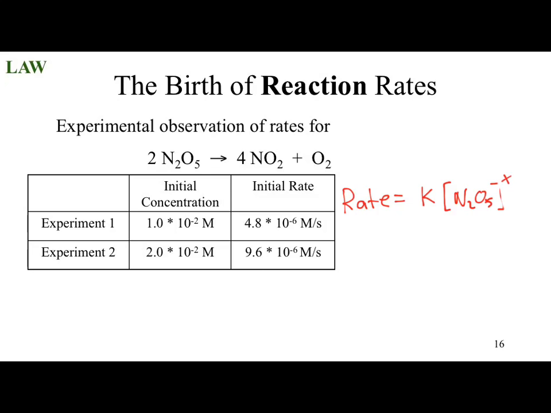What we're now going to do is go to our experiment and try and compare those. If we look at our initial concentration of N2O5, I go from experiment 1 to experiment 2 and I double the concentration. What happens when I look at my rate? It doubles. What does that mean?